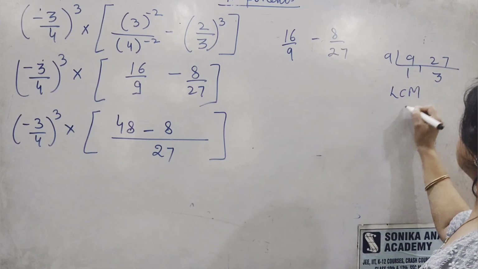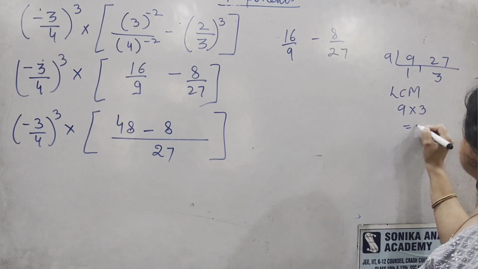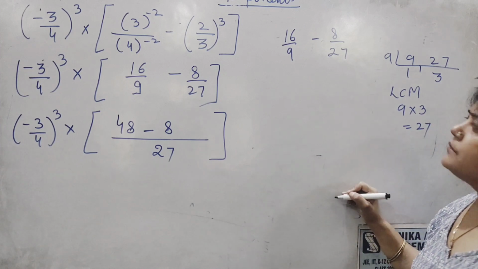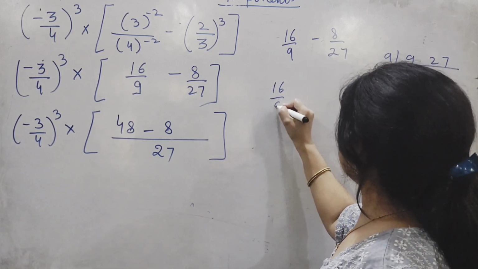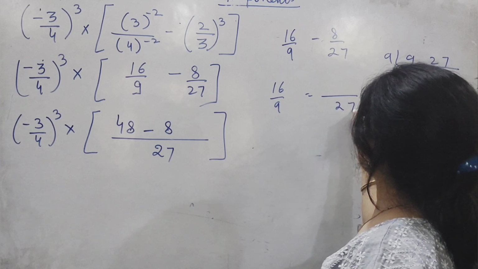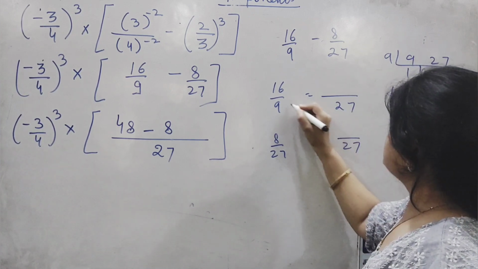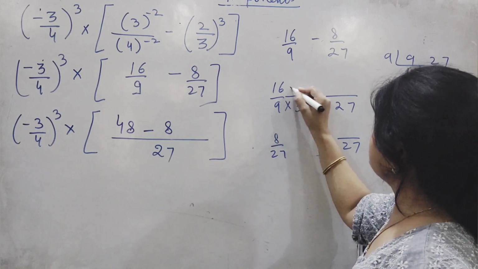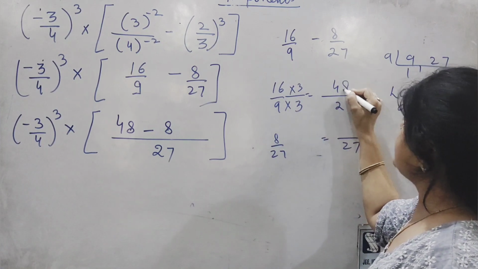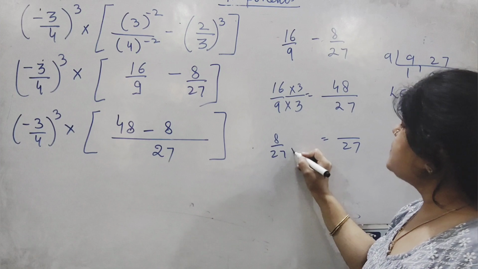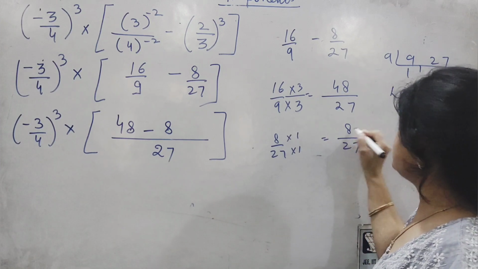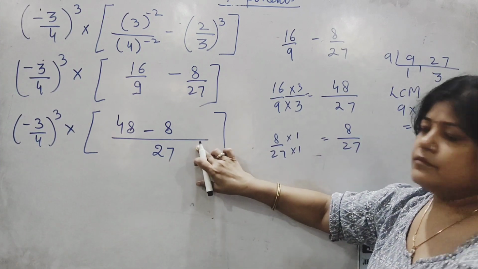So LCM becomes 9 into 3, which is 27. So it becomes 16 by 9 and 8 by 27. 9 3s are 27, so 16 into 3 becomes 48. 27 ones are 27, so it becomes 8.